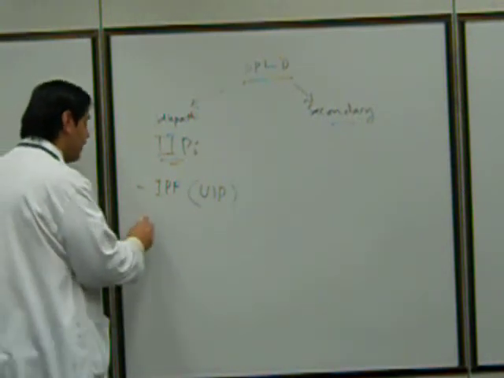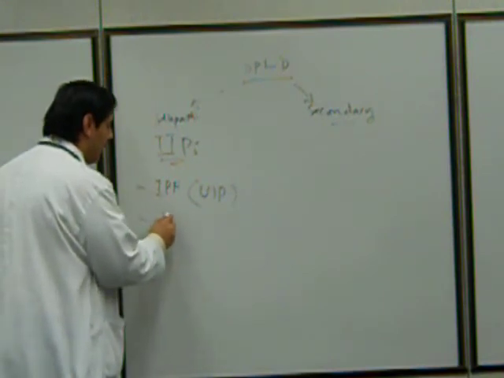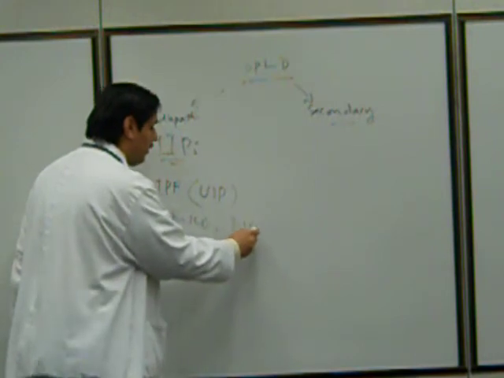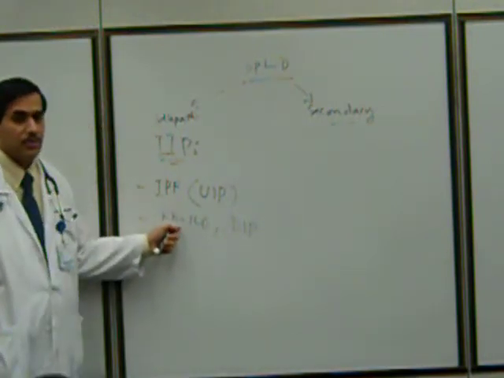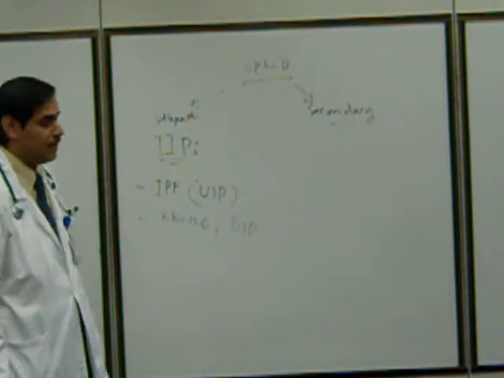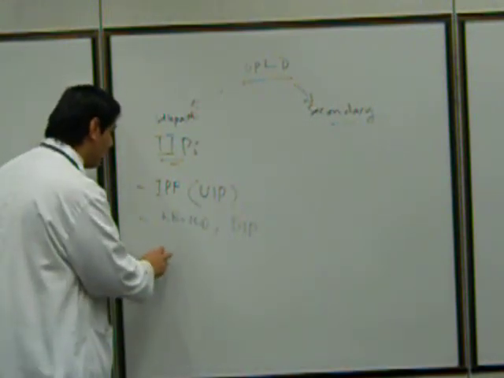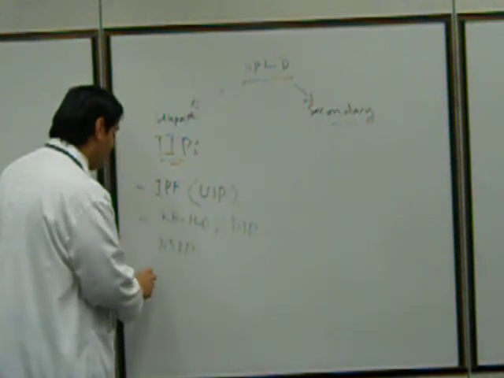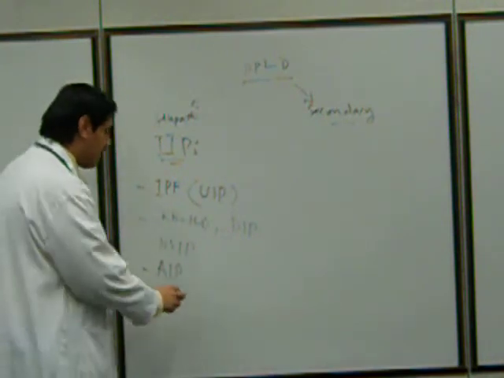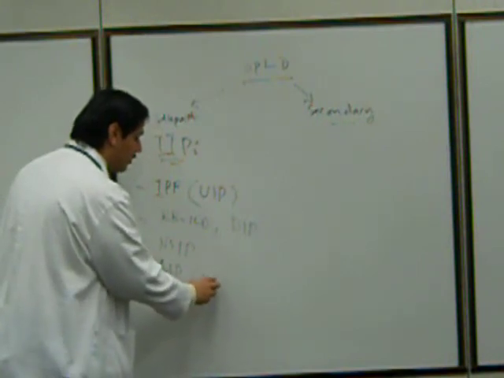It also includes RB-ILD, respiratory bronchiolitis with interstitial lung disease, and desquamative interstitial pneumonitis. There's also non-specific interstitial pneumonitis. There's AIP, acute interstitial pneumonitis, or sometimes Hamman-Rich syndrome.